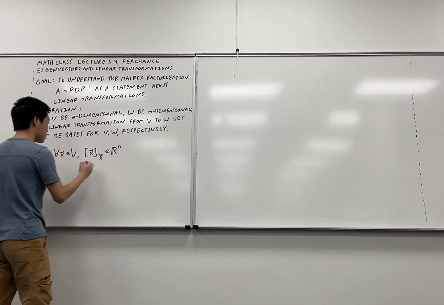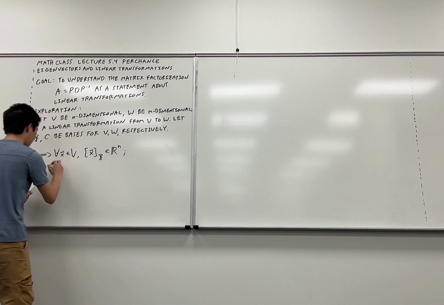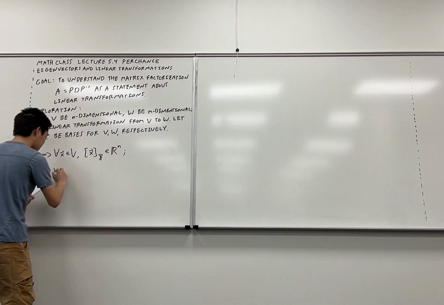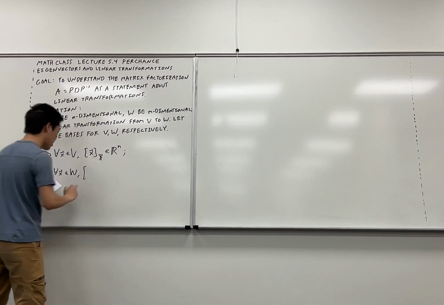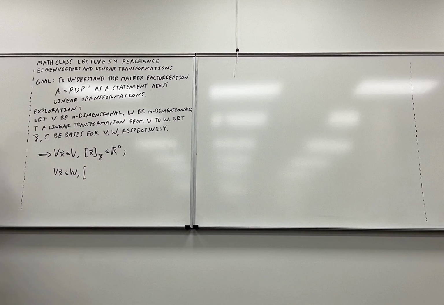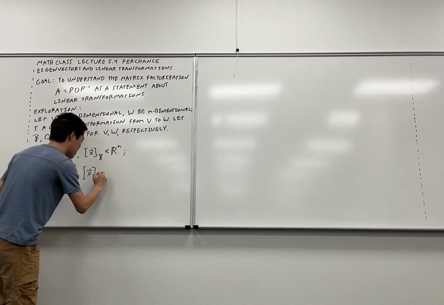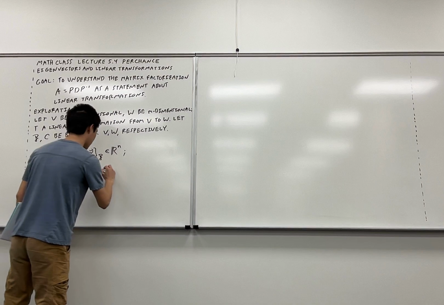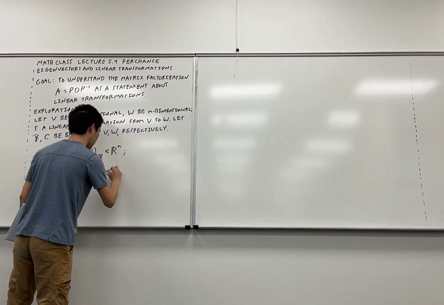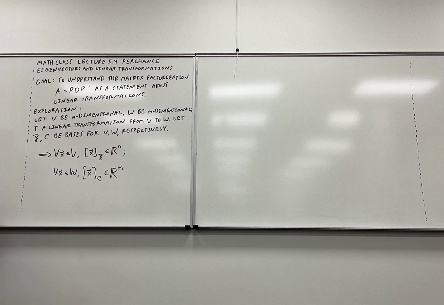In a similar way, we can do the same thing for our W. So if I have some vector in my W vector space, what do you think I can say about the C coordinates? I can say, let me take my vector and represent it with C coordinates, and this is going to be what type of a vector? Rn.